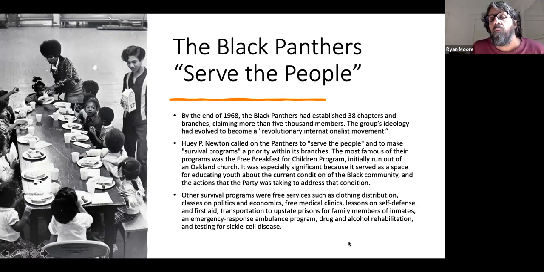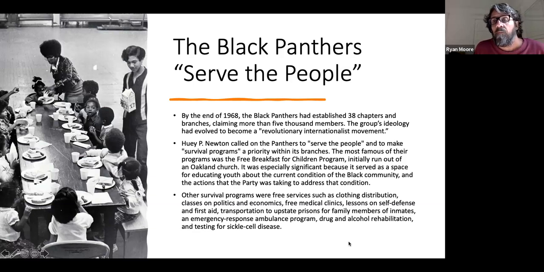But the Panthers wouldn't just feed them, but also would put an emphasis on educating them and talking about the issues that were going on in the community and the ways that the Panthers were trying to address those conditions. So it was an educational as well as a service kind of event. And they started doing this in Oakland, and eventually that model spread to other cities.